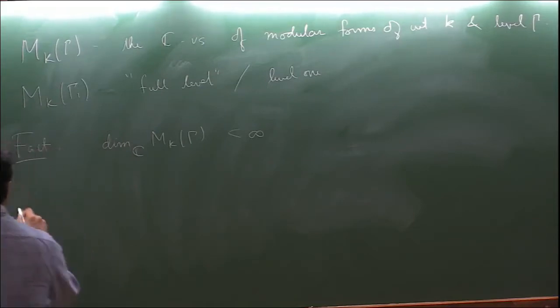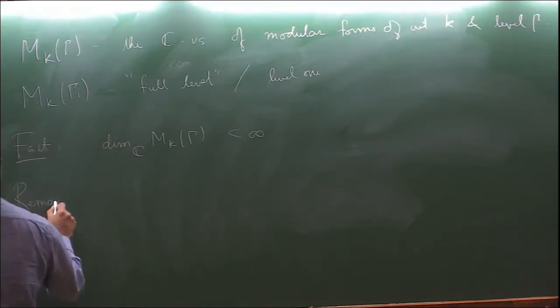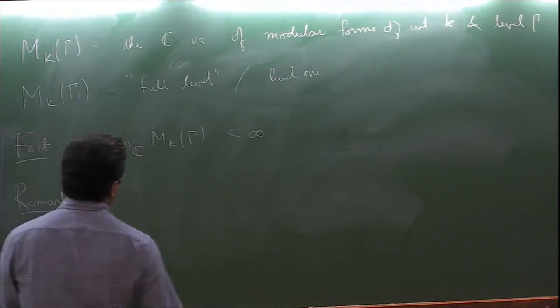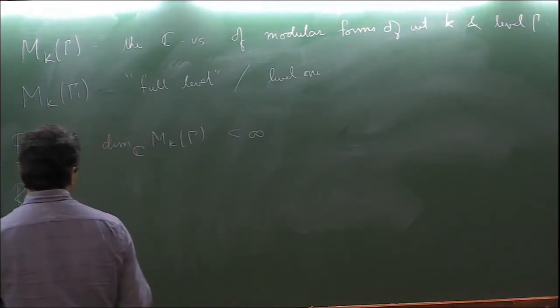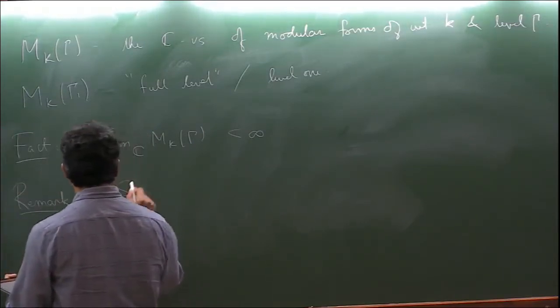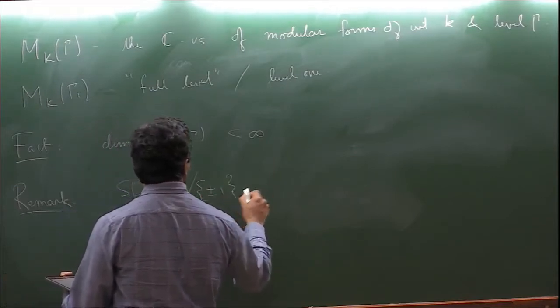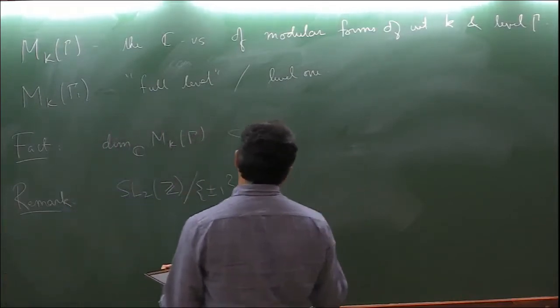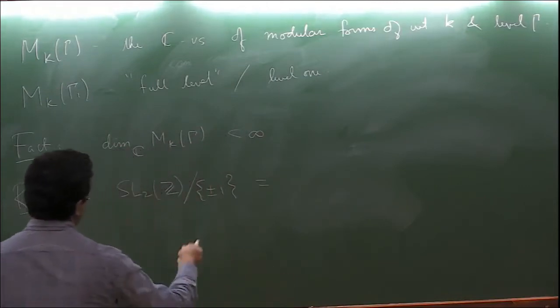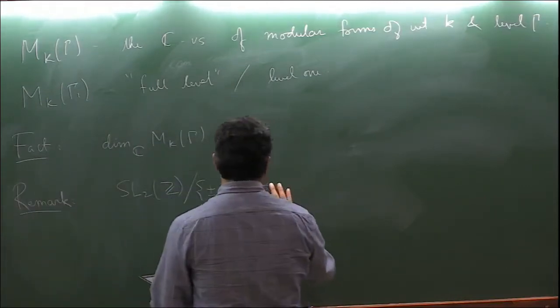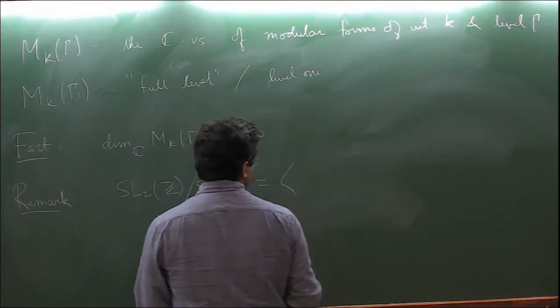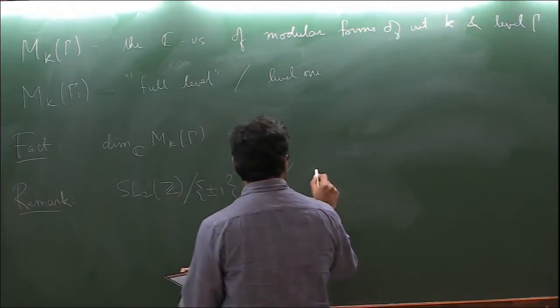By the way, before that, I should make a remark. This SL2Z modulo plus minus 1 is generated by, so in the previous talk there were two kinds of modular relations used, and in fact these are all the ones that we need.